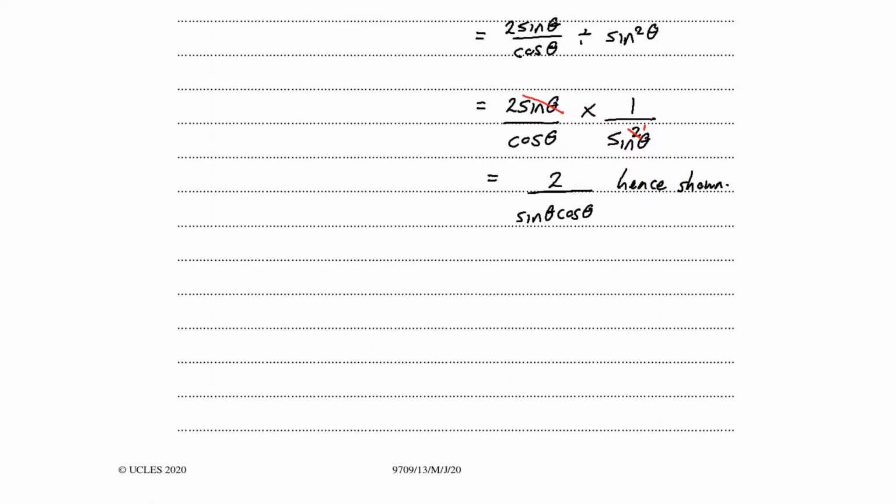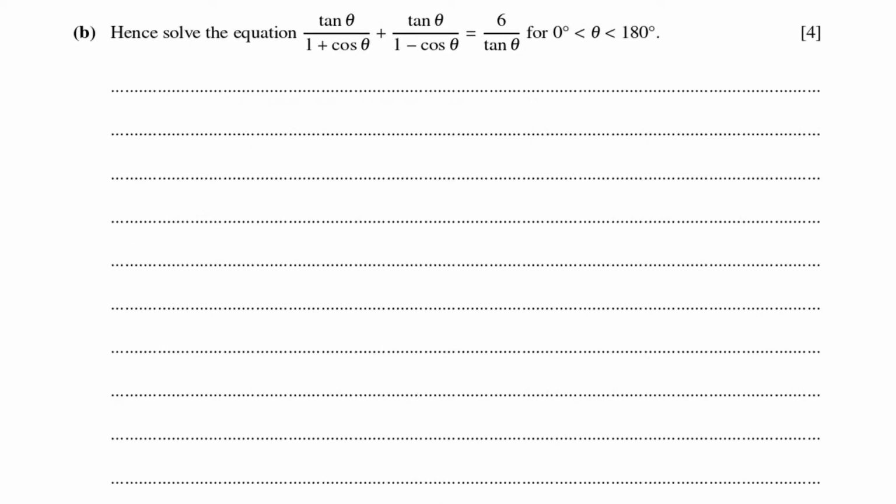Let's scroll down to the next question, and that's part B. Hence solve the equation tan theta over 1 plus cos theta plus tan theta over 1 minus cos theta is equal to 6 over tan theta. Alright, now already we have the identity for this left hand side, and we obtained it as 2 over sine theta cos theta.